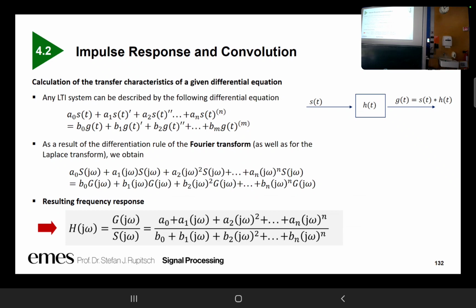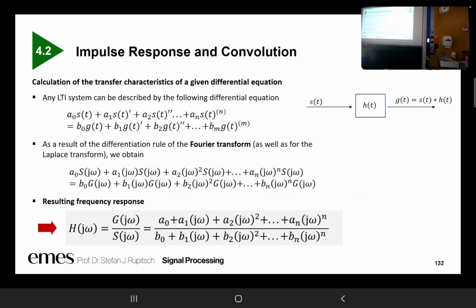For the output signal, we have the same, and we go up to the order n. We have coefficients A0 to An for the input signal, and for the output signal, we have B0 up to Bn. This is always the differential equation with which we can write down the system.